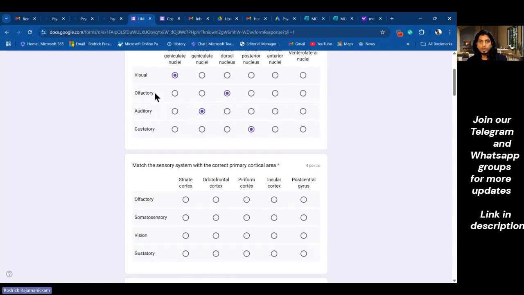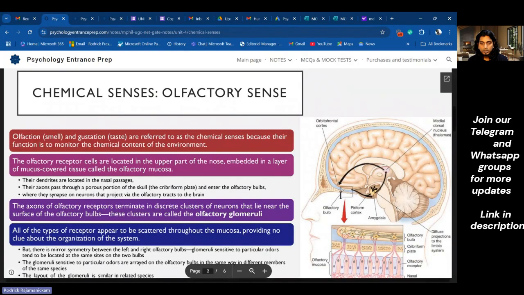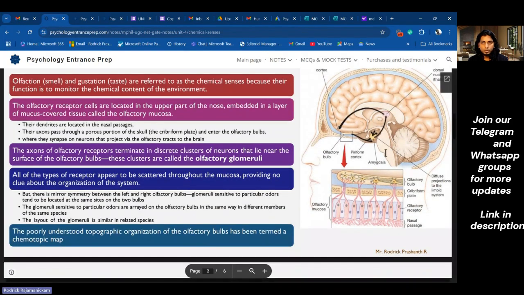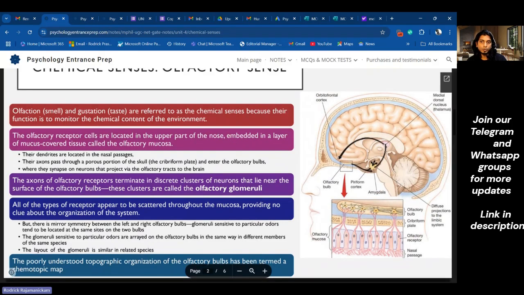Okay. So olfactory is the only sensation which does not go directly through the thalamus first. It goes through piriform cortex directly, and then it goes to the thalamus. Piriform cortex is your primary olfactory structure.